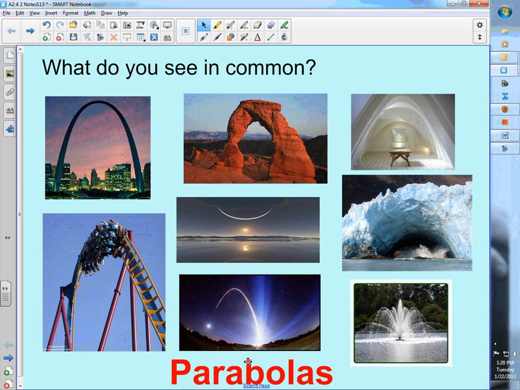I feel for sure this is not a parabola. Why not? Why is this one right here not a parabola? Well, I think that it's really referring to just this piece right here in the picture.